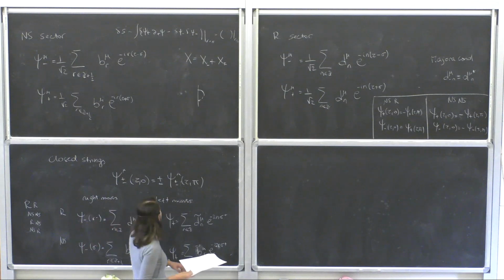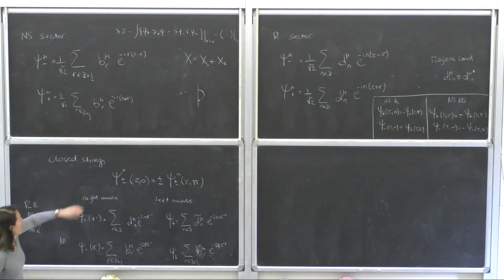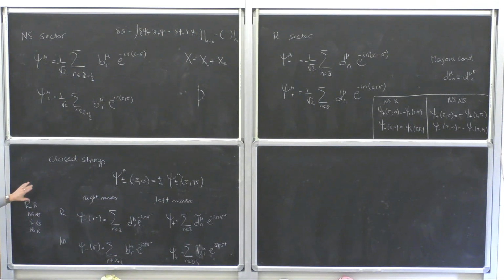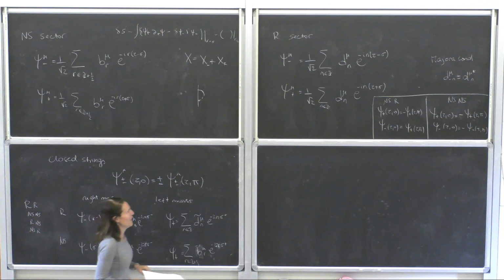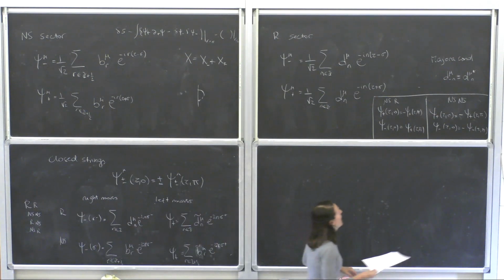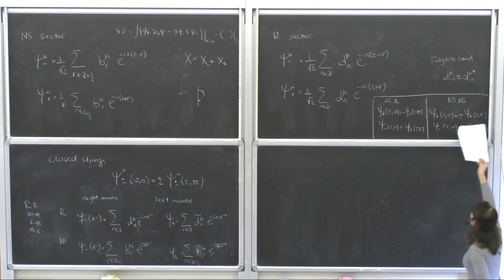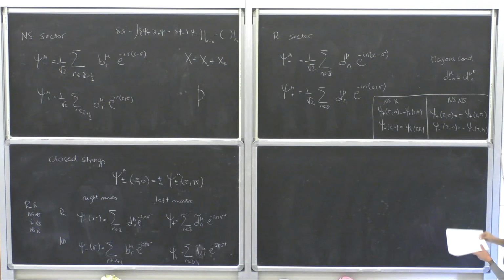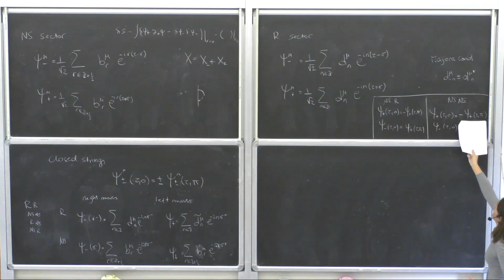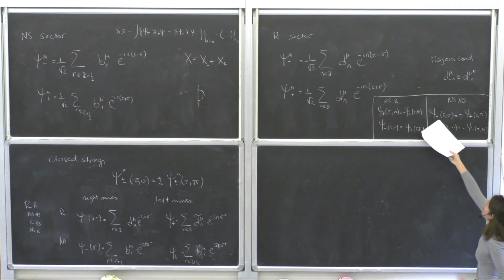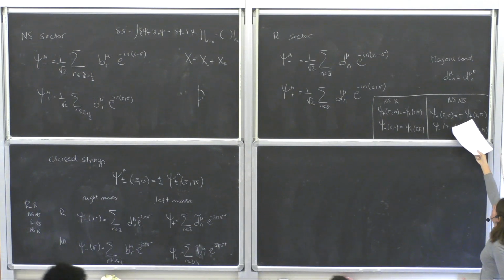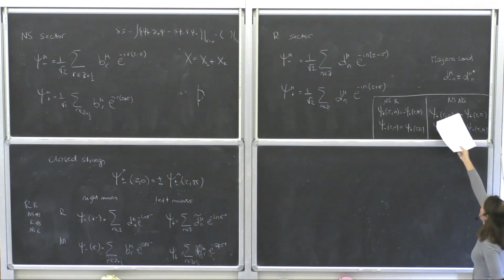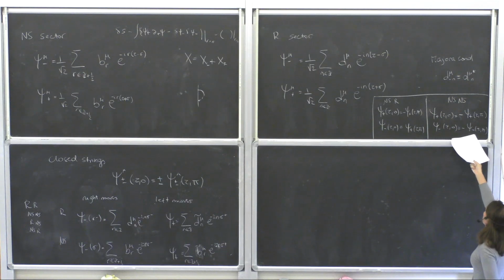Okay, the boundary condition for the closed string was a bit fast because I saw people wanted to go for a break. So I wrote here, for example, NS boundary conditions means we choose anti-periodic, so there's a minus sign: psi plus with psi plus and with a minus sign because NS, and psi minus with psi minus.